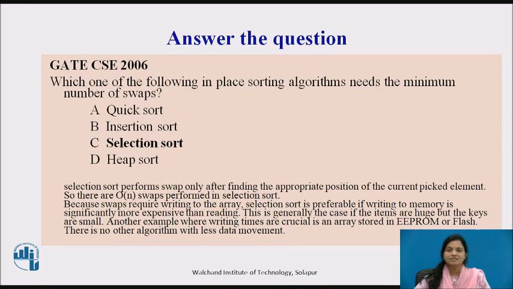In insertion sort we have seen that we have to move elements to make room. In this way, in selection sort we directly swap to that particular memory position. So the correct answer is selection sort.